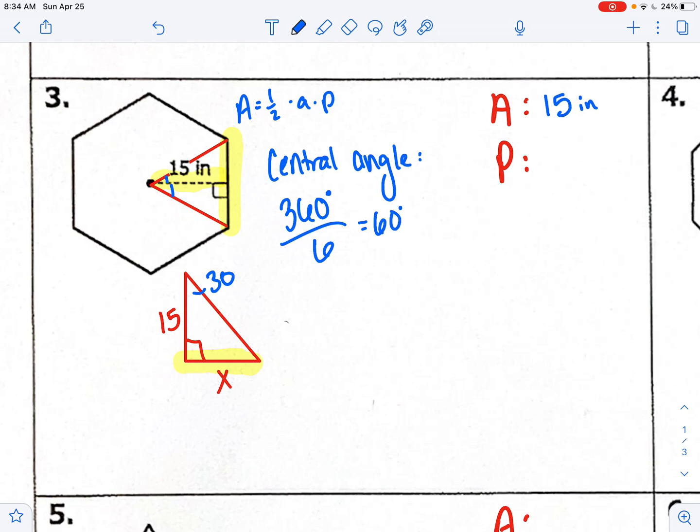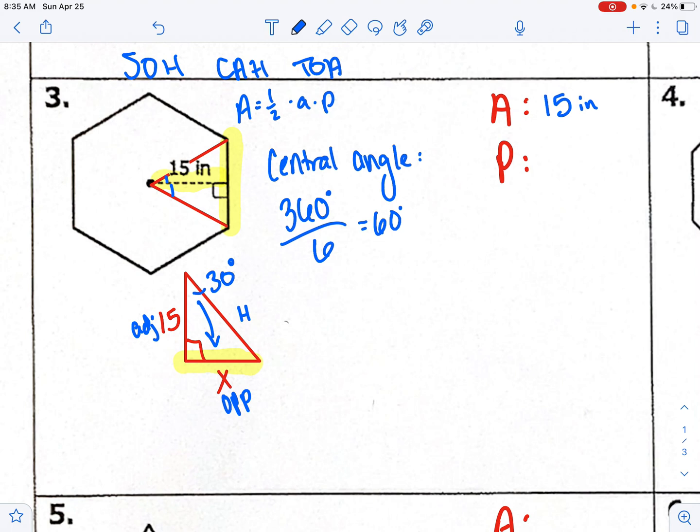Okay, and how am I going to find that side now? Well, let's identify what sides we have. I have the opposite side of my 30-degree angle. I have the adjacent. I don't have the hypotenuse. So what I need to do is find what trig ratio I'm going to use.